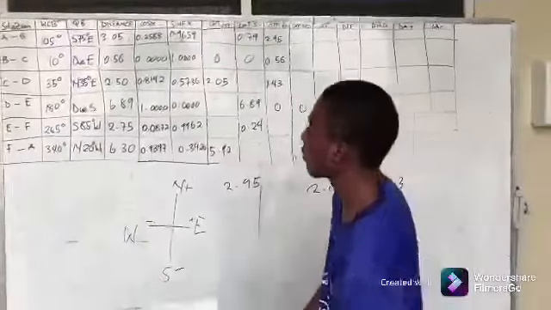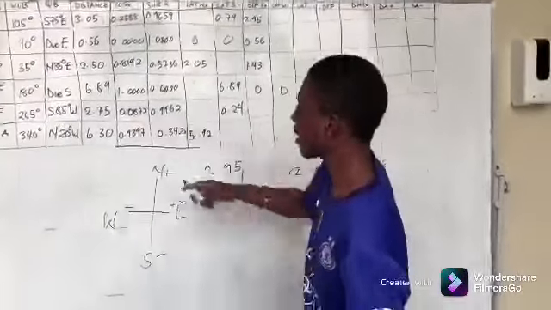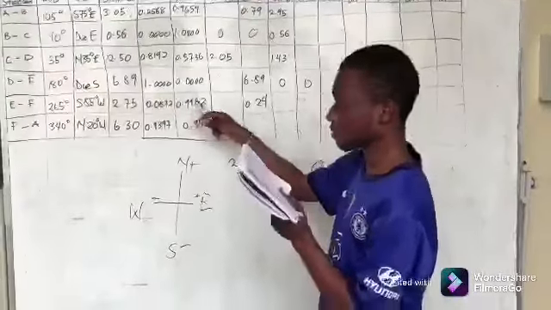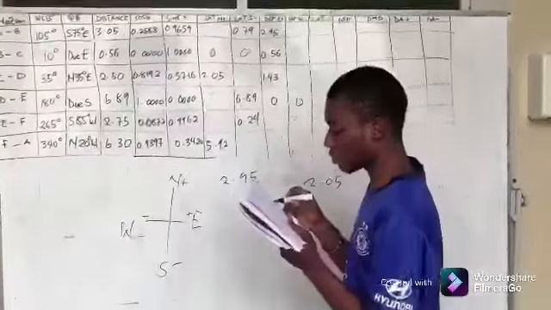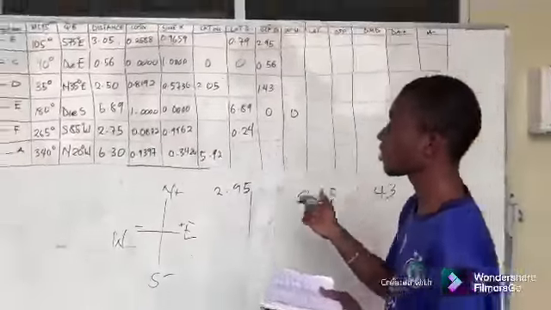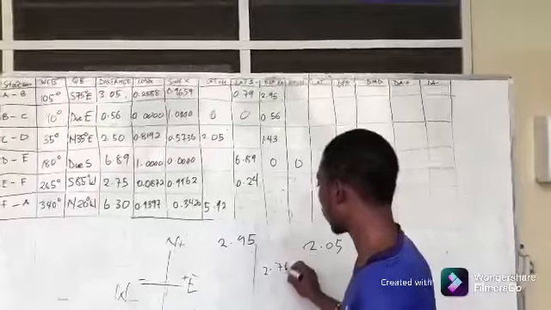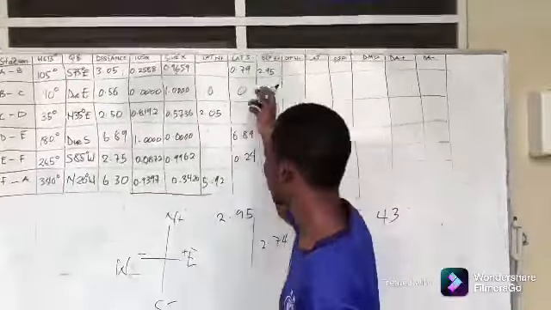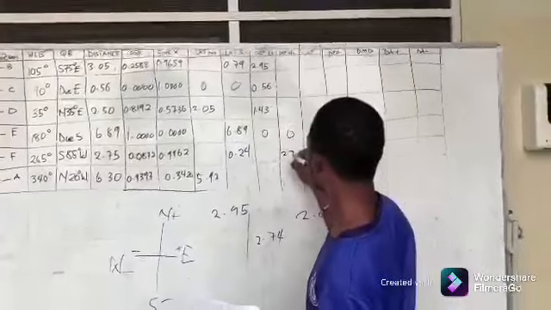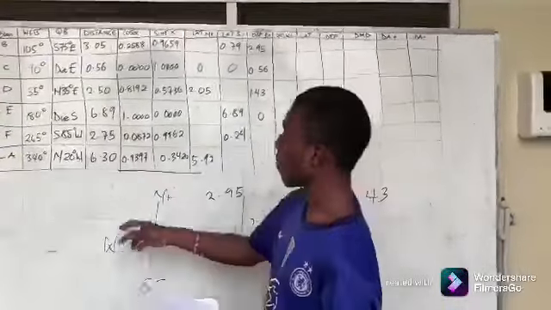So we come to the fifth one, distance times the sine. So 2.75 times 0.9962, which will give us 2.74. So what's the position of the quadrilateral bearing? At the west. So 2.74.